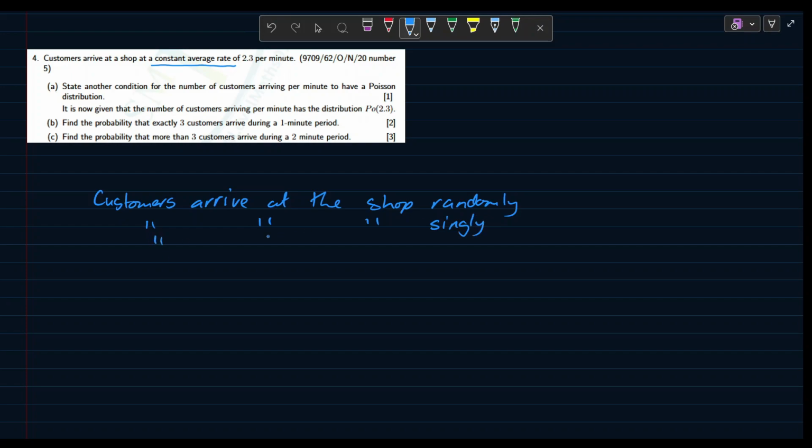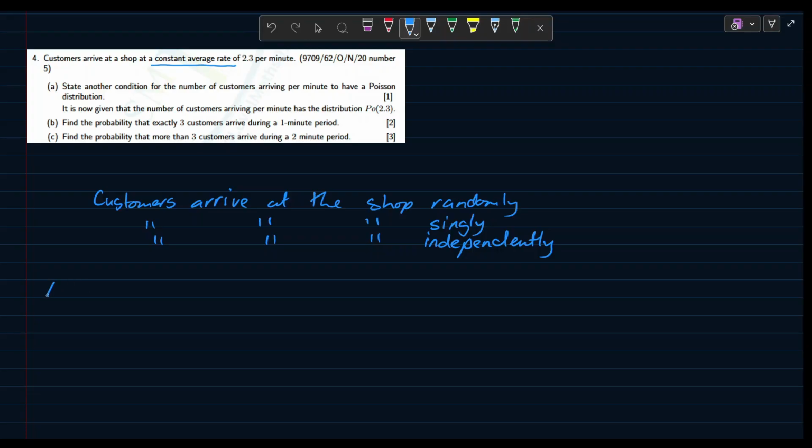Or we could also say that customers arrive independently. Any one of these would do for a solution. Alright, it is now given that the number of customers arriving per minute has the distribution Poisson with lambda 2.3. Part B: find the probability that exactly 3 customers arrive during a 1 minute period.